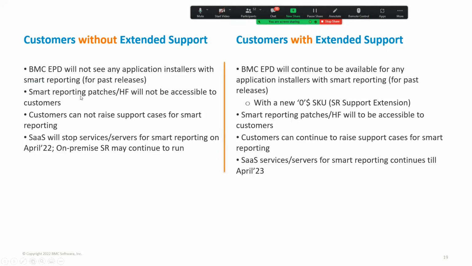They cannot have Smart Reporting hotfixes and patches available, and they cannot raise any support tickets for Smart Reporting. If the customer is on Helix SaaS deployment, then the service will stop for Smart Reporting. Of course, if the customer is running Smart Reporting on-prem, they can choose to continue with it without any BMC support.